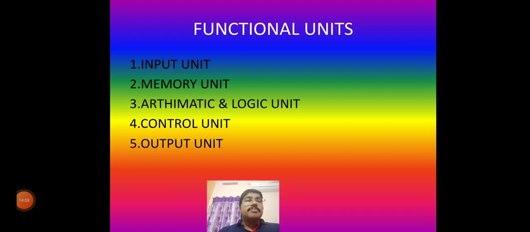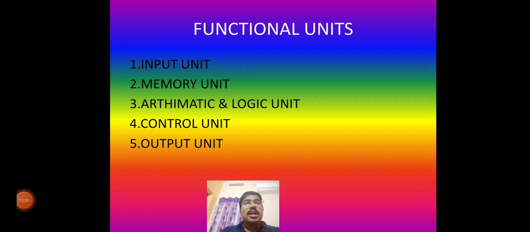What is meant by an input unit? The name itself indicates that it is the unit by using which we take the input. That means the input is given by using these units. Such units are called input units. The best examples of input units are keyboard and mouse. By using these devices we give input to a particular computer.